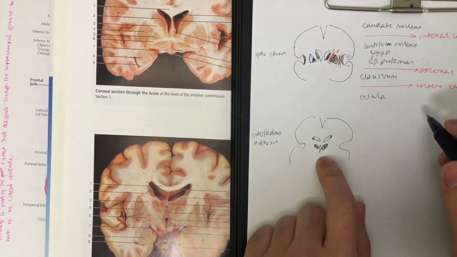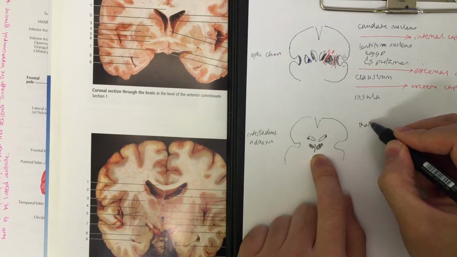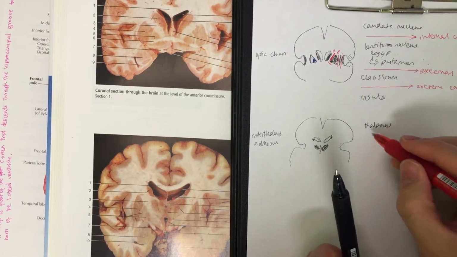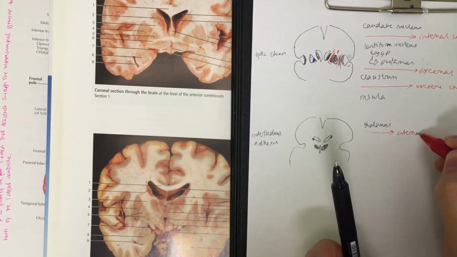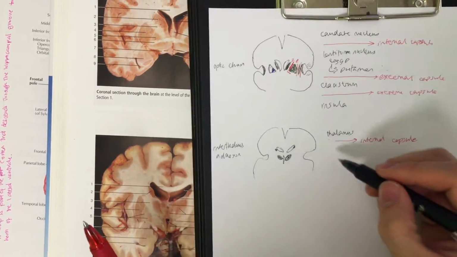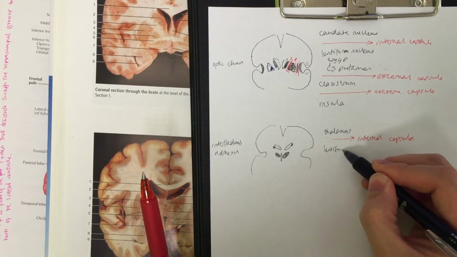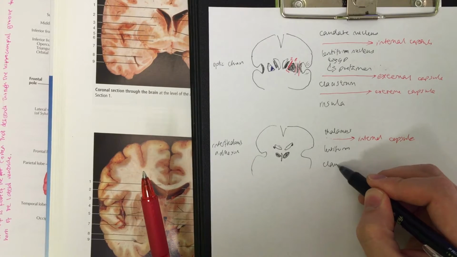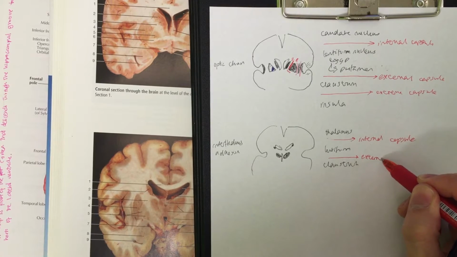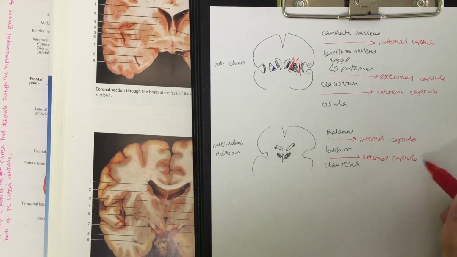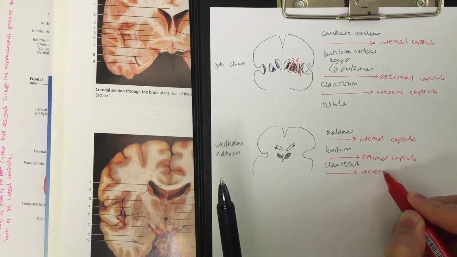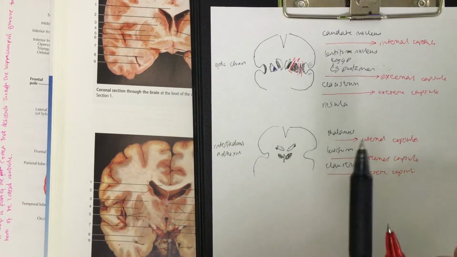So now, the point I'm trying to make is you have the thalamus as the grey matter in the medial side, and then again the same kind of structures: internal capsule, lentiform, with the external capsule, and claustrum, extreme capsule, and then insula.